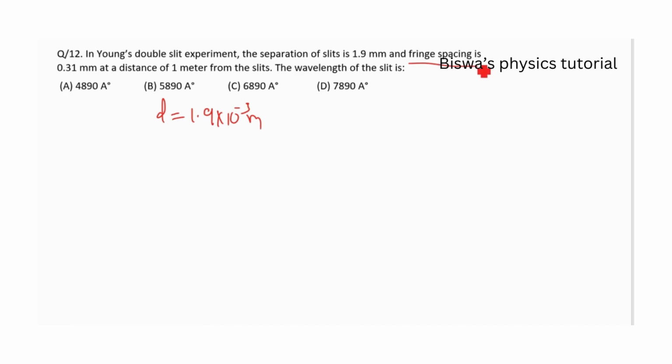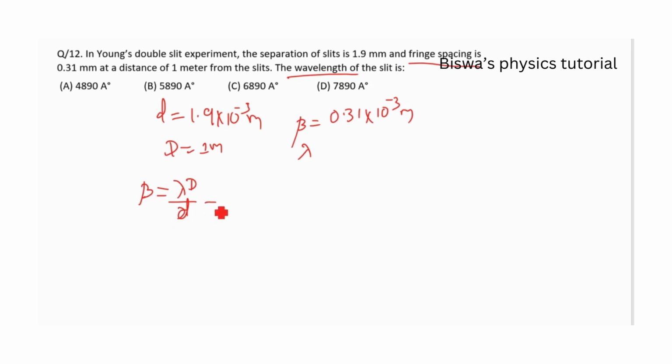The fringe spacing, or fringe separation, beta, is given as 0.31 millimeter, so into 10 to the power minus 3 meter, and the distance of 1 meter from the slits means capital D is given as 1 meter. The question is asking to find the wavelength lambda. We know the formula of fringe width is lambda capital D by small d. This is our formula.